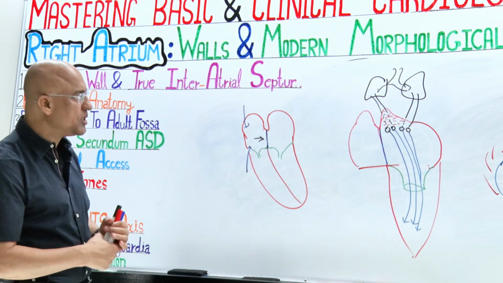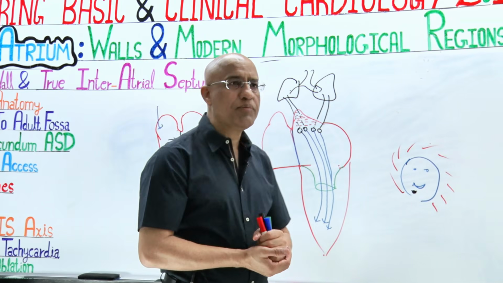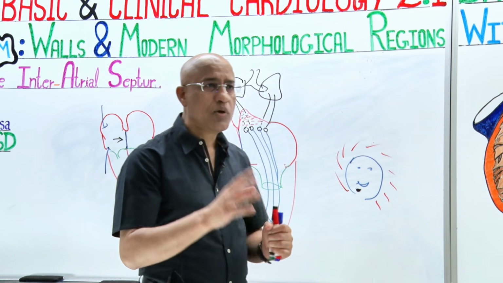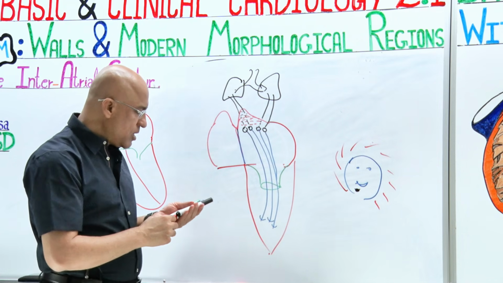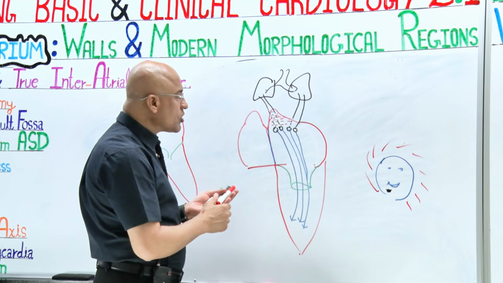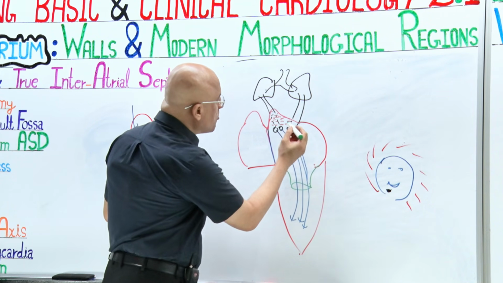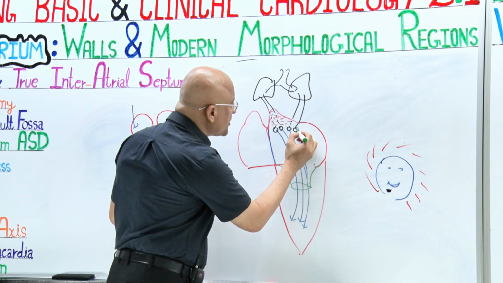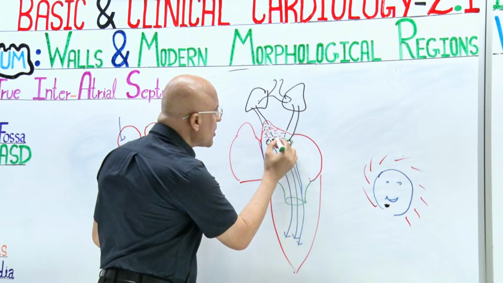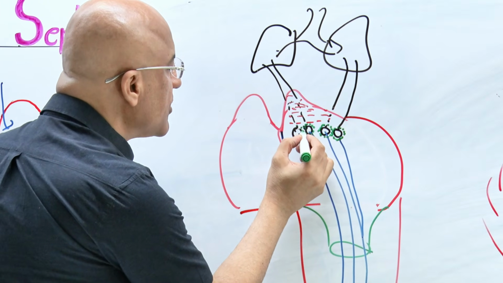Another purpose can be in patients who have atrial fibrillation, where the source of tachyarrhythmia is the myocardium around the orifices of the pulmonary veins.